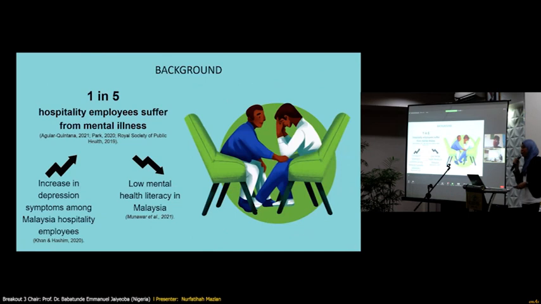Did you know 1 in 5 hospitality employees suffer from mental illness, commonly depression and anxiety? In Malaysia, there is an increase of depression symptoms among hospitality employees. Mentally ill employees may influence their behavior, thus impacting customers' perception of the service quality. Consequently, it may jeopardize the Malaysian tourism image.